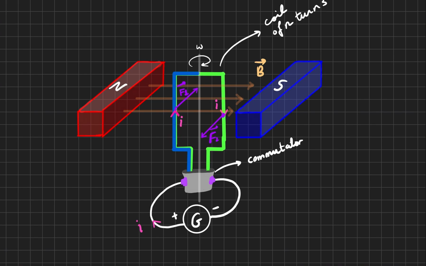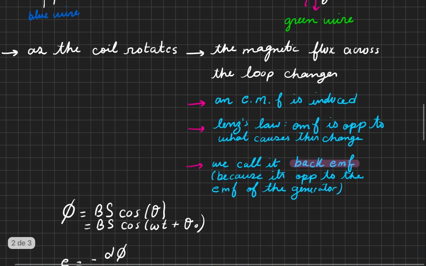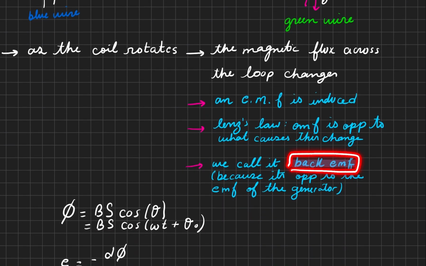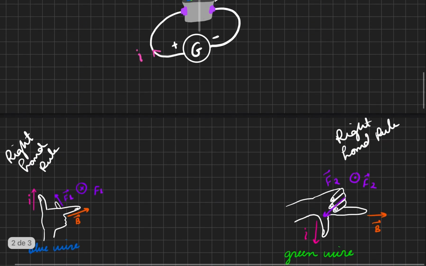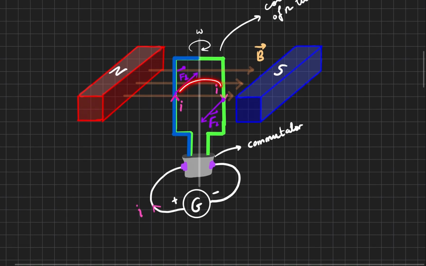And because of that, we call it back electromotive force, because it opposes the EMF of the generator. The generator, the one that supplies us with the electric energy, has its own electromotive force. And there is another electromotive force, which is the induced one created by the coil as it rotates and the magnetic flux changes.